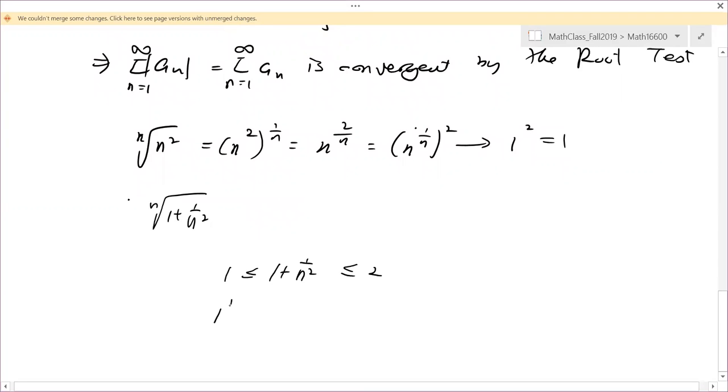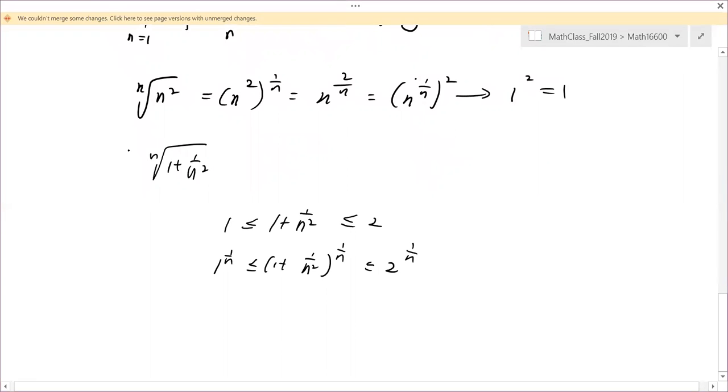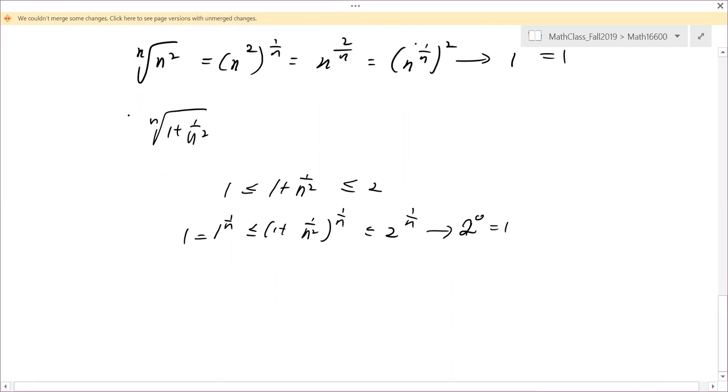So 1 to the nth power is less than or equal to this, and this always equals 1, but the upper bound approaches 1, because 2 to the 1 over n approaches 2 to the 0, which is 1. So both approach 1, so the one in the middle approaches 1 by the squeeze theorem.